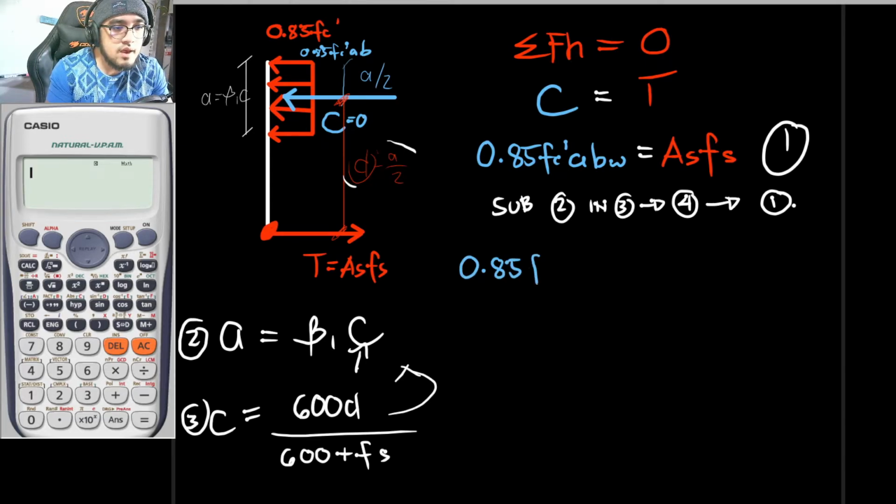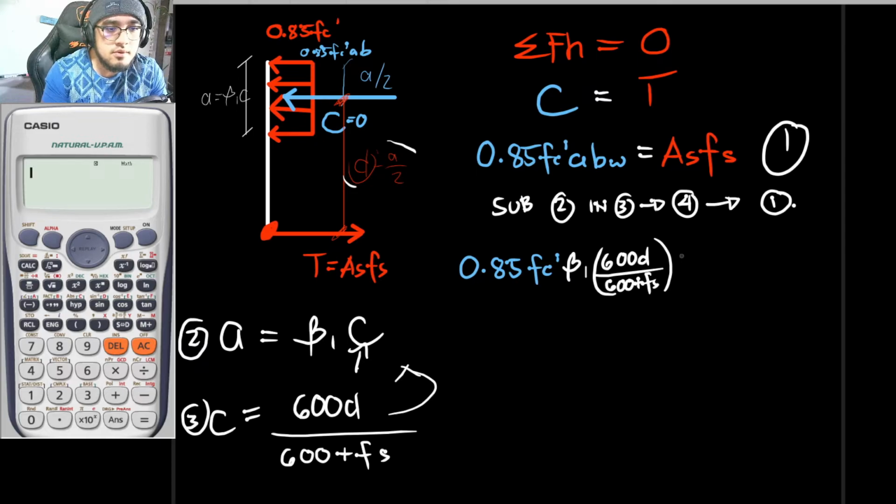0.85 fc prime. So what is the value of a? That is beta 1 times c. And what is c? That is 600d divided by 600 plus fs. Times bw.